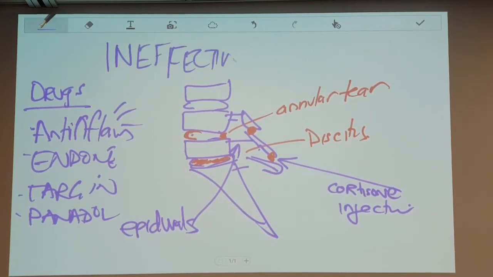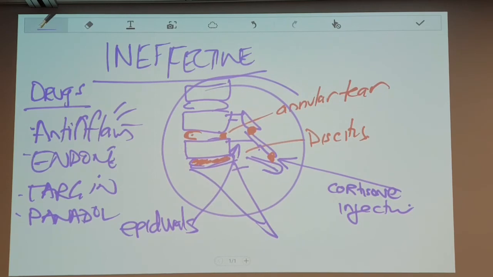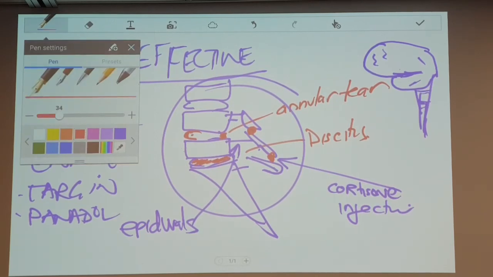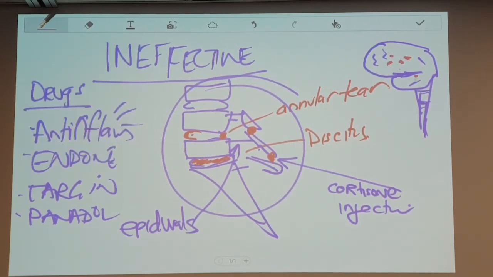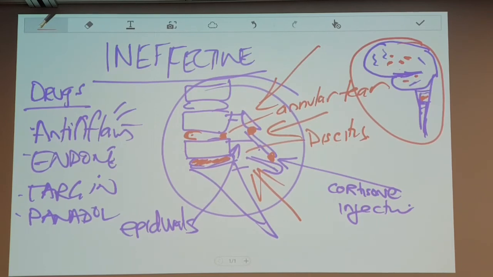Ineffective because even though this may be the originating cause of their pain, once they've had it for a very long time, the pain is locked in. Here's the brain again. The pain is locked in up here in the central nervous system, and no matter what you do out here, we can't eliminate these processes by doing these things.